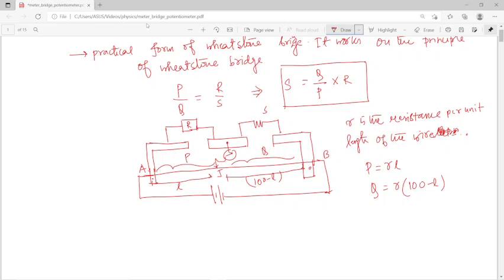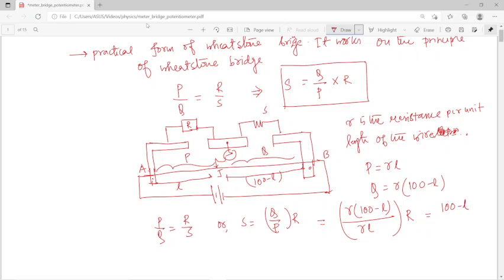So according to the principle, P by Q equals R by S, or S equals Q by P into R. Q is r(100 minus L), and P is r into L, so S is (100 minus L) by L multiplied by R.